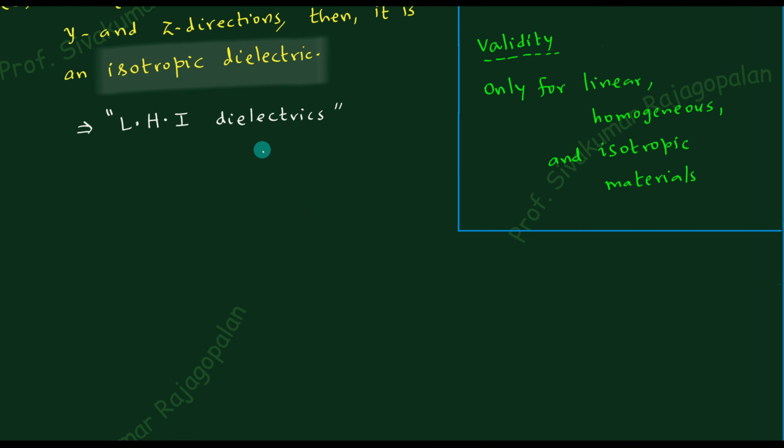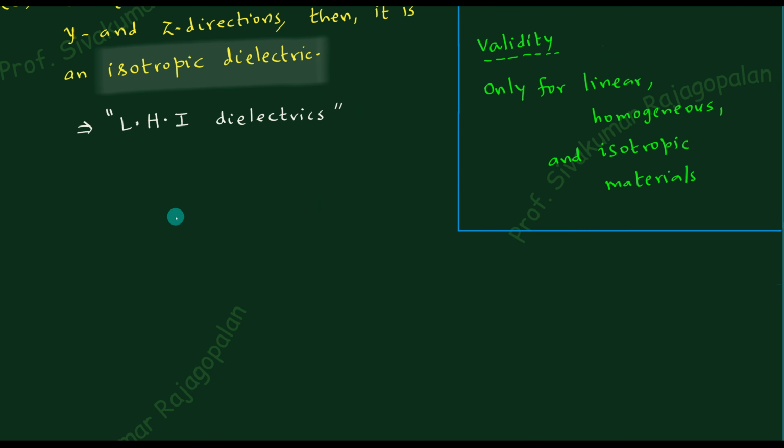For the purpose of completeness and understanding, I would like to define what is meant by an anisotropic dielectric. Actually, the definition of the anisotropic dielectric and further details are not required. But at the same time, you should know what it is. A little knowledge about the meaning of anisotropic dielectric is required so that your understanding is better.